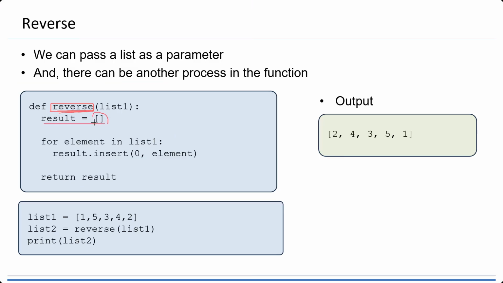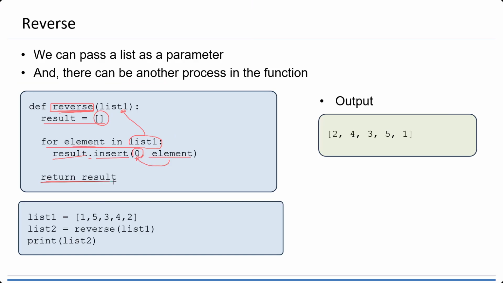The result will be an empty list. And for every element in list 1, we'll use the function insert, 0, element. It means I want to insert the element at index 0. And then we will return the result.